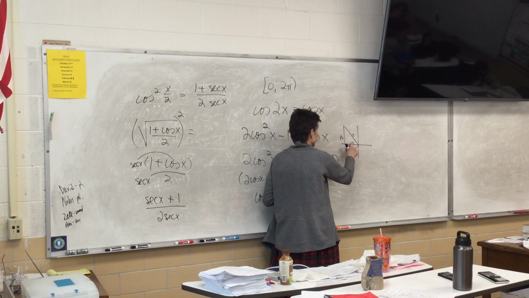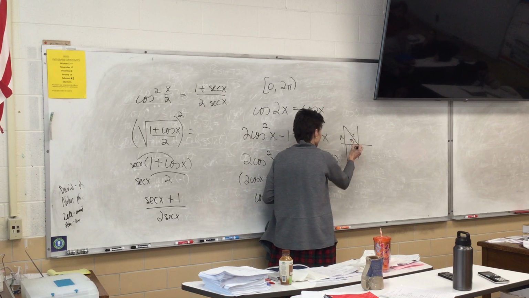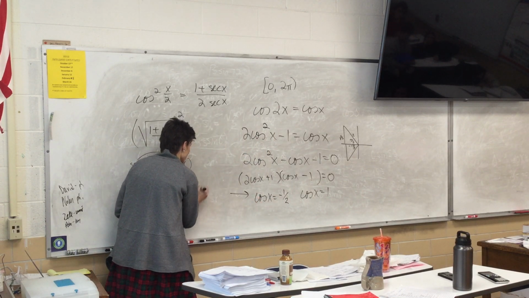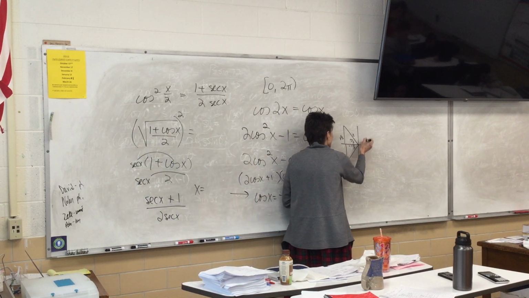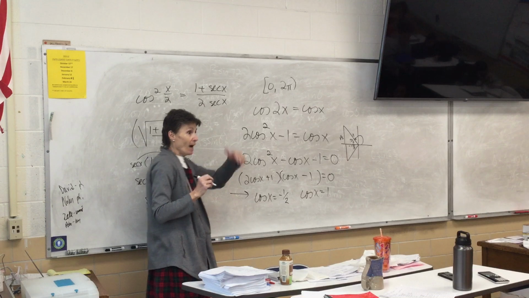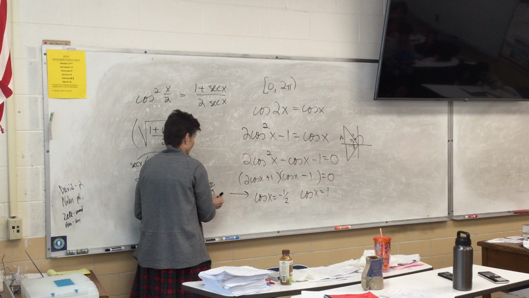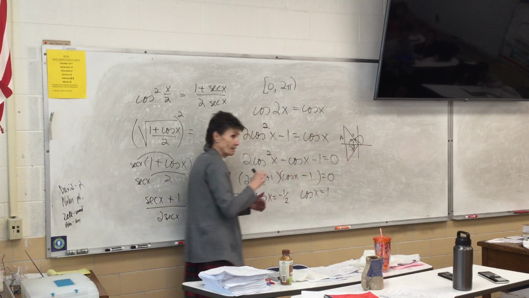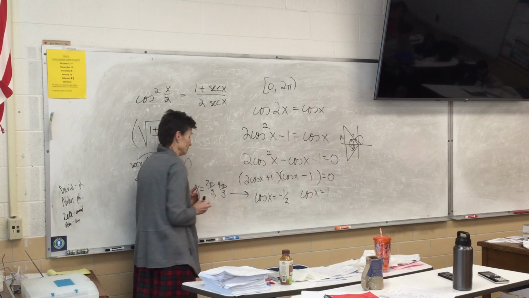That angle is 60 or pi over 3. So what are the answers to this piece of the problem? X either equals, please don't say pi over 3. It would be that angle, which is pi minus pi over 3, or 2 pi over 3. Or it would be this angle, which is pi plus pi over 3, or 4 pi over 3, right?